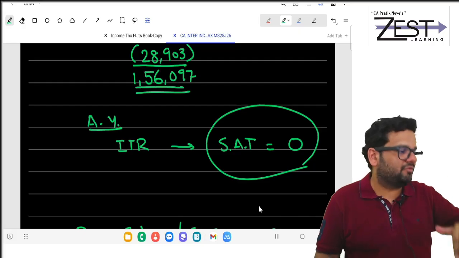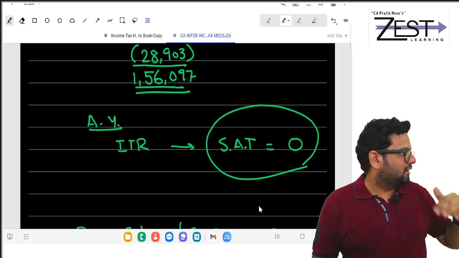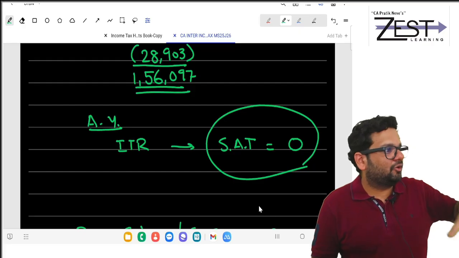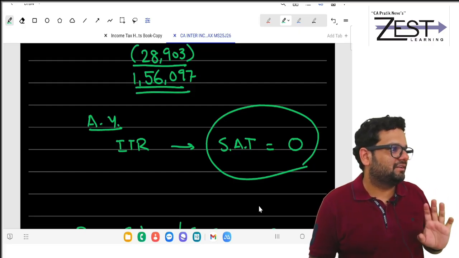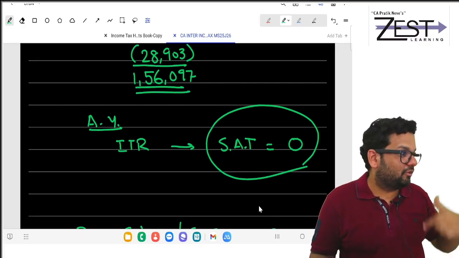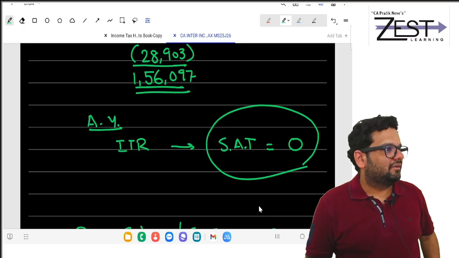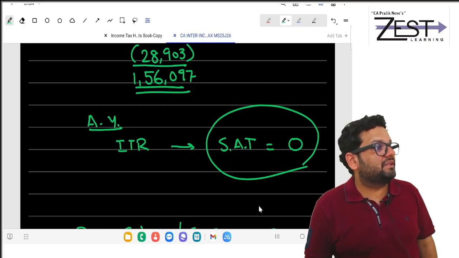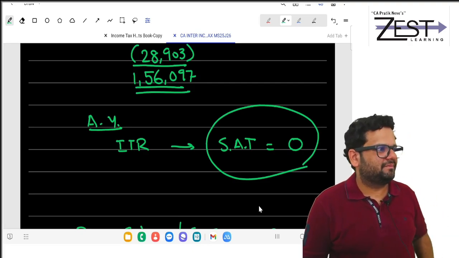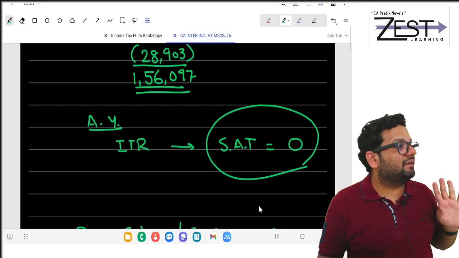So I will modify your question. If in 115 BAC, first he told his employer that I want to be in 115 BAC, and accordingly calculation is done. But afterward he realizes what is better is opting out of 115 BAC. So can he change it in the AY? That is the question. At the time before filing ITR.